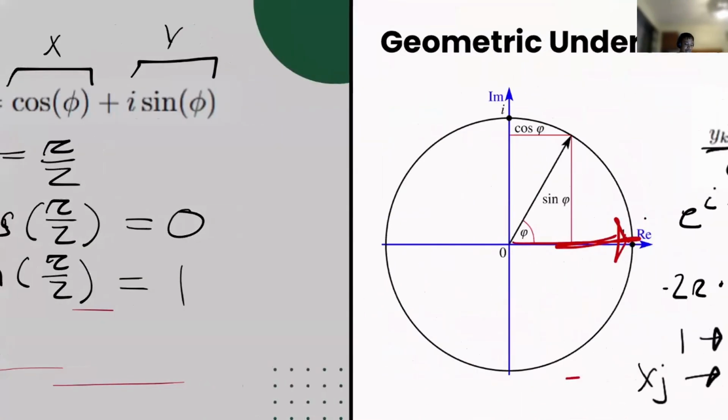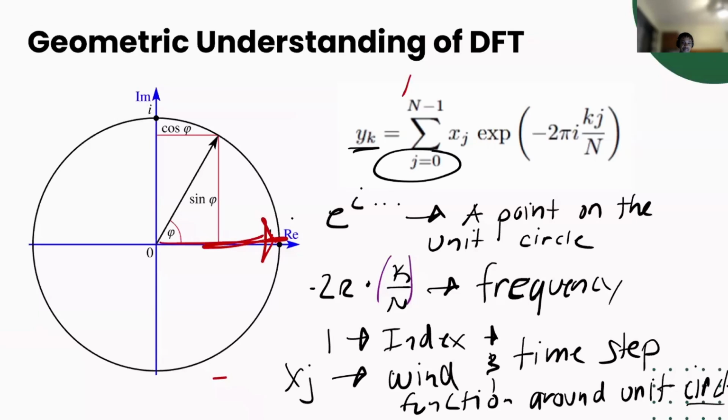But when I go over the sum, now instead of just representing a single point in time, I'm looking at a collection of points over time. So instead of just looking at when J equals 1, I'm looking as J equals 1 changes to J equals 2, and then so on and so forth. As J equals 2 translates to J equals 3, right? I take a step here, another step here, and another step here.